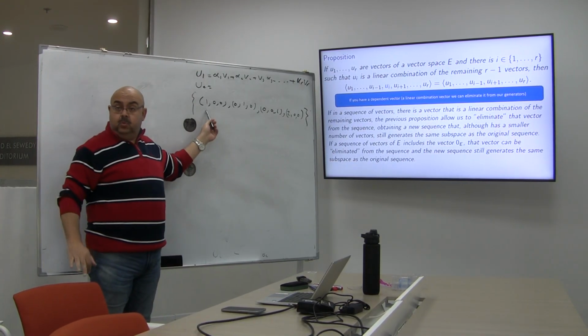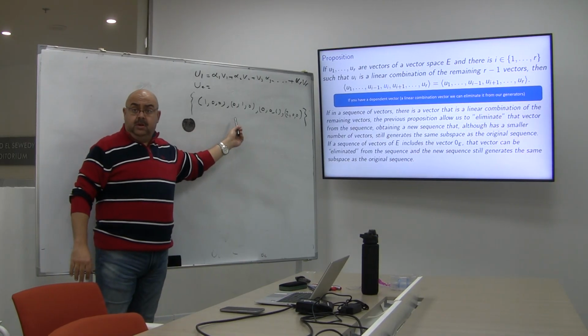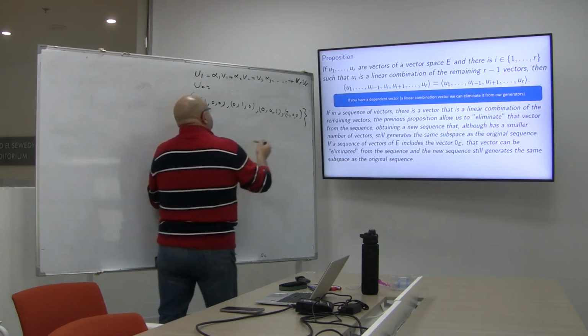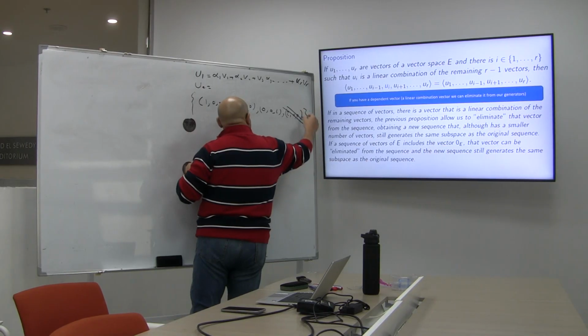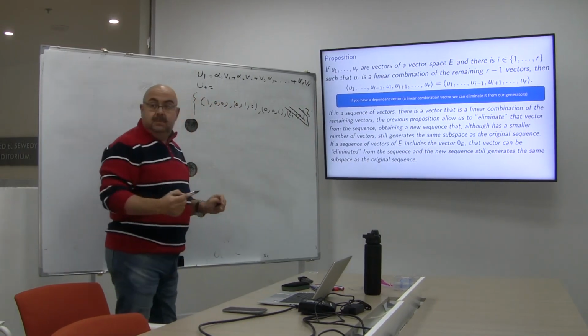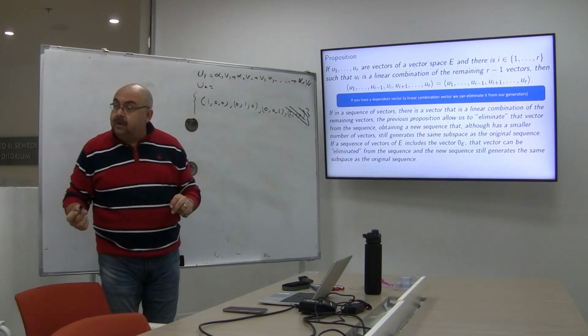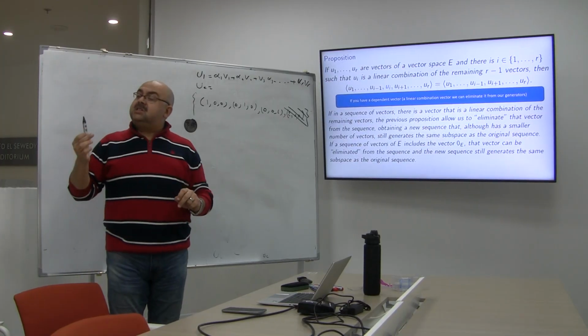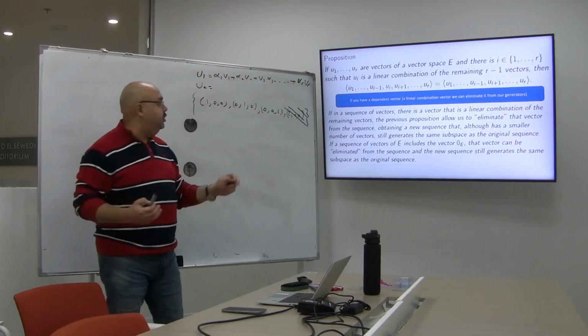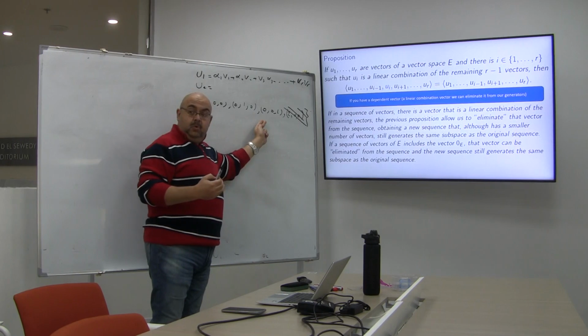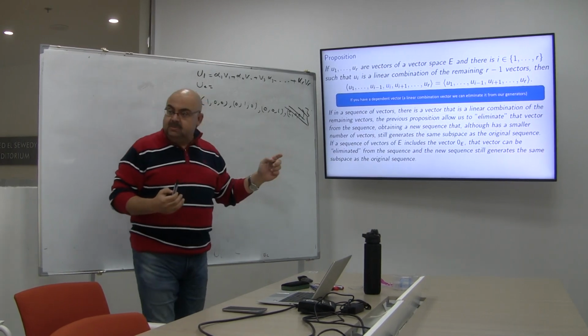Am I right? 1, 0, 0, 0, 1, 0, 0, 0, 1. I can simply remove this vector and still be able to generate R3, because this vector is a linear combination of the others. Do you understand what I'm saying?